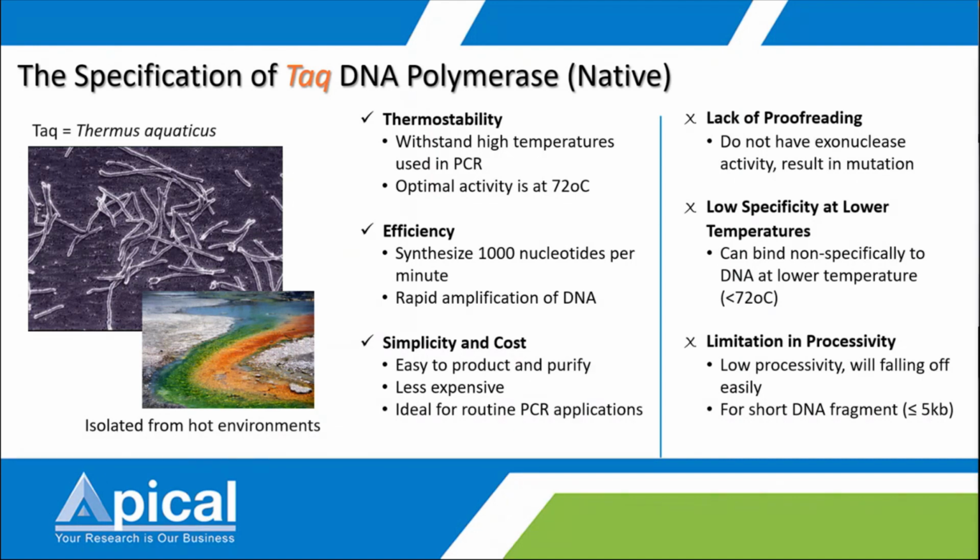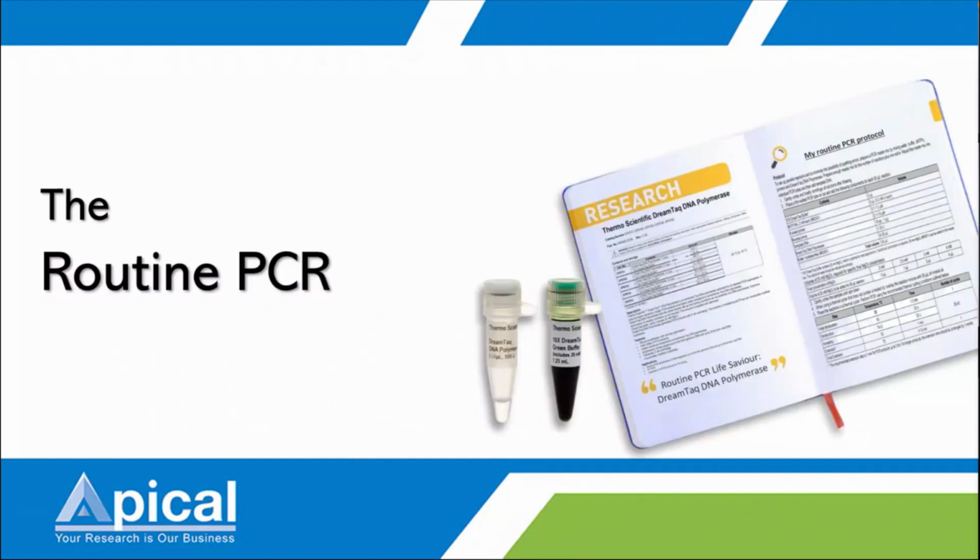Now most of the Taq DNA polymerases on the market have already been modified in order to make them more suitable for different types of PCR. I will share this in the next few slides.